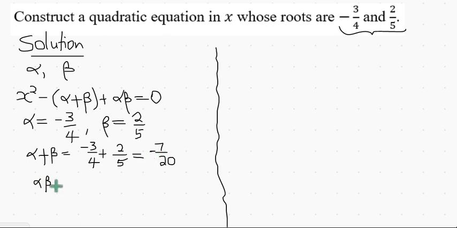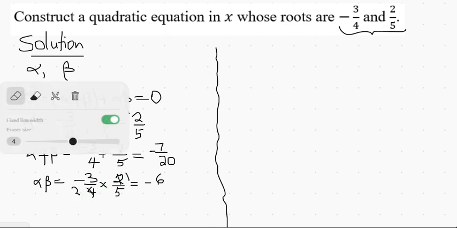And next, you take the product of the roots, that is negative 3 by 4 times 2 by 5. Let's break this down: 2 here, 1; 2 here, 2.